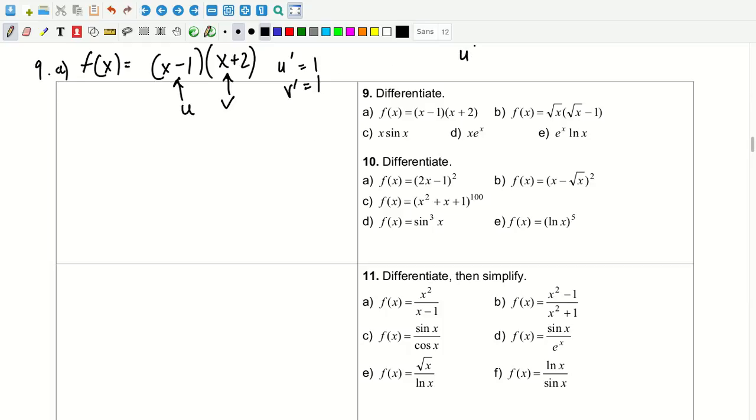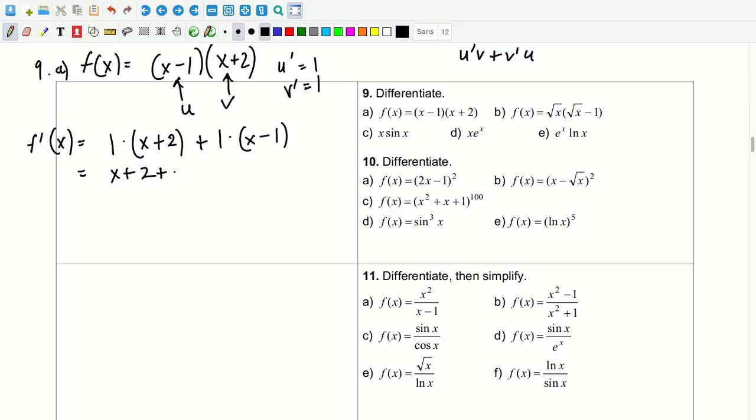Remember, the product rule is u prime v plus v prime u. So f prime of x should just be 1 dot x plus 2 plus 1 dot x minus 1. And it's that simple. So you end up getting x plus 2 plus x minus 1, and you end up getting 2x plus 1. And that's that.